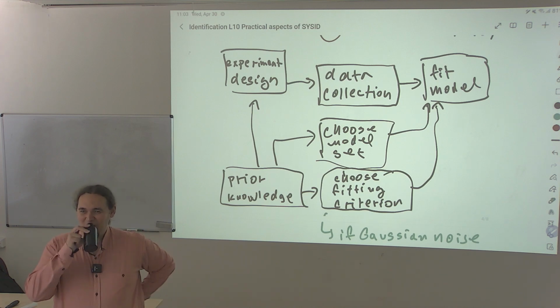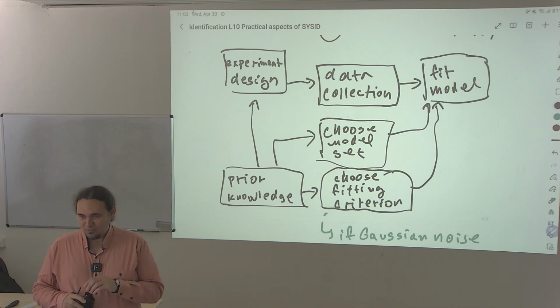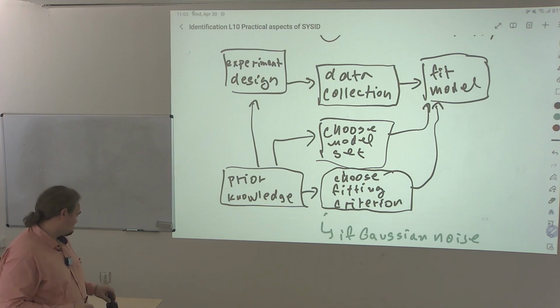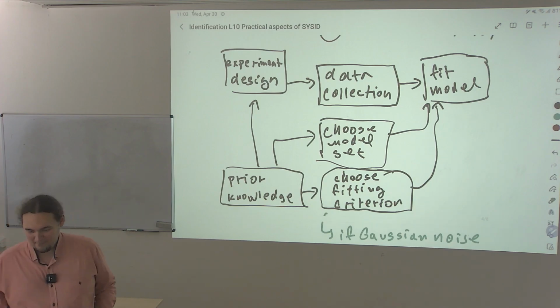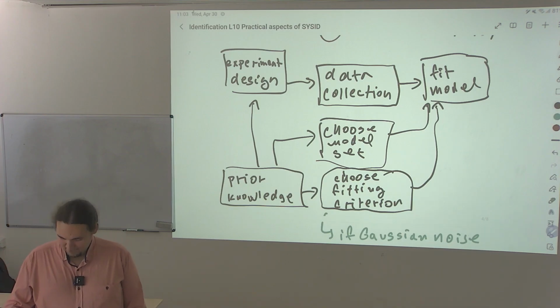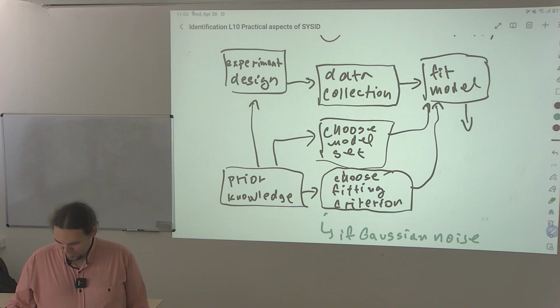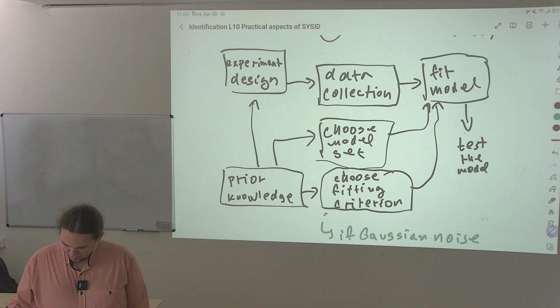What then? We have our model fitted, so let's say test the model. Oh no, wait.